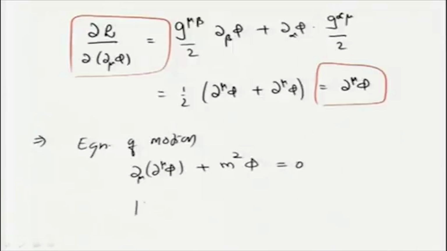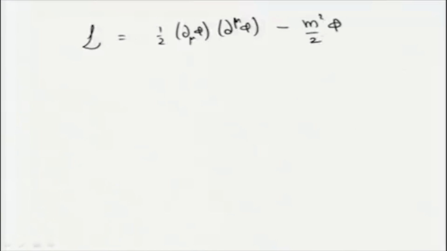What is this? This is the Klein-Gordon equation. So, summary is that if I use the Lagrangian density, half dou mu phi dou mu phi summed over, minus m square by 2 phi square for a function phi, that will give us dou mu dou mu phi plus m square phi equal to 0, the Klein-Gordon equation.